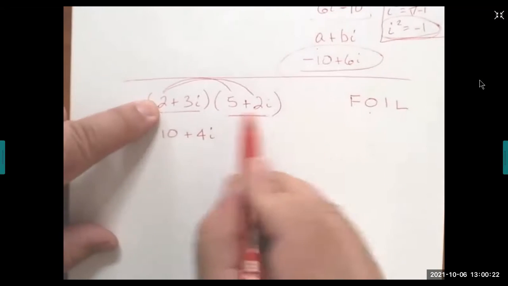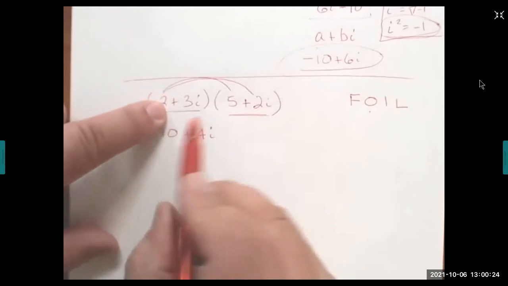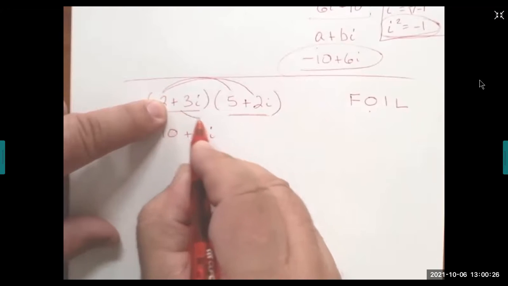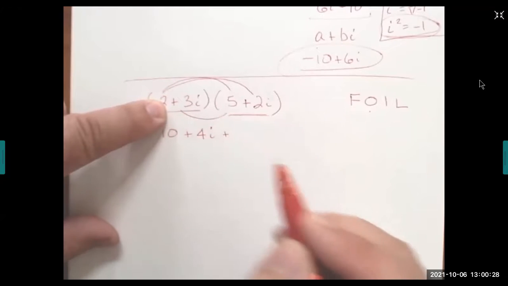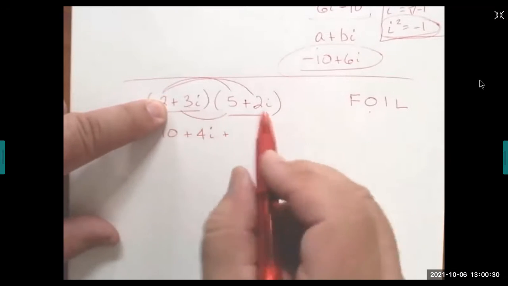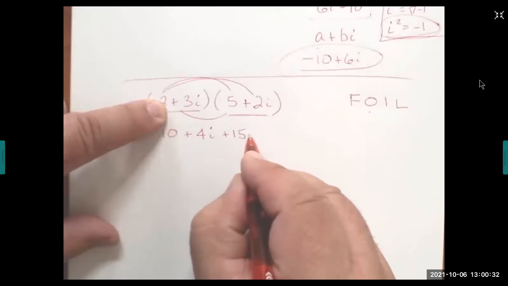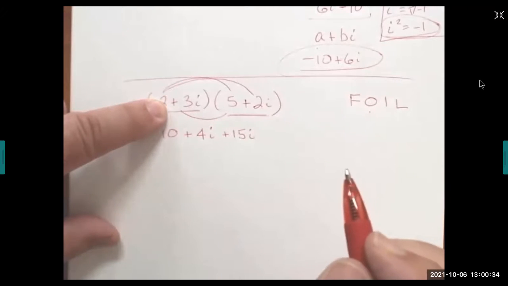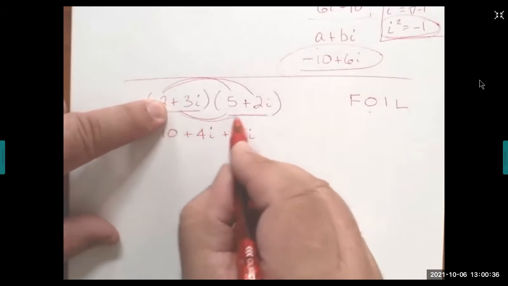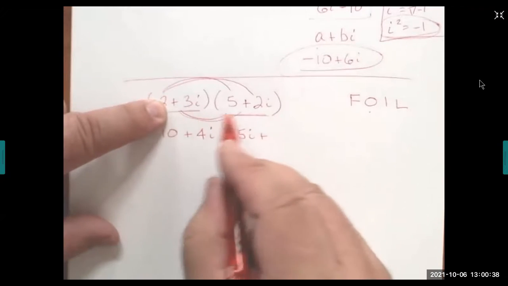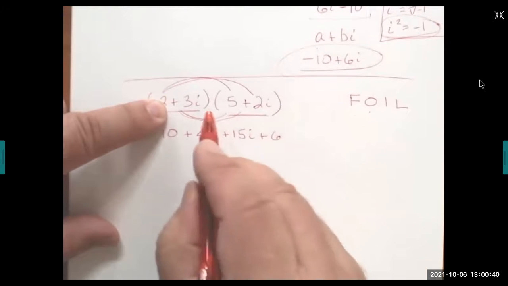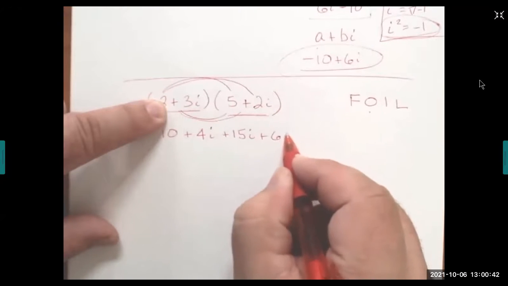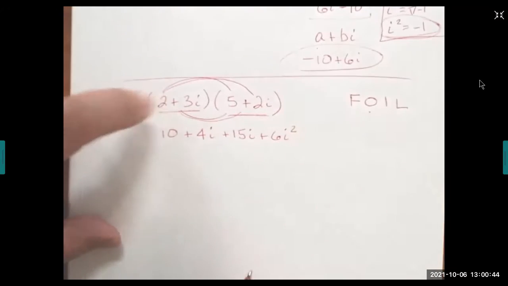That does it for that one, because it's finished in both of those. Now the next one. Positive times positive is a positive. 3 times 5 is 15i. Positive times positive is positive. 3 times 2 is 6. i times i is i squared.